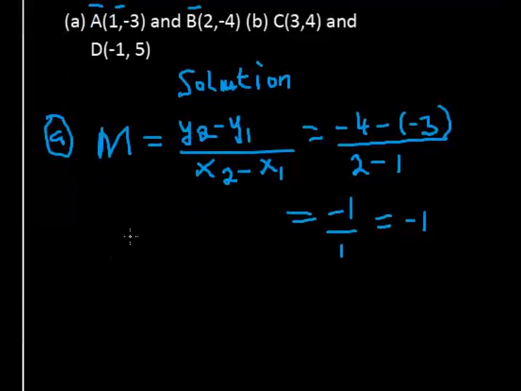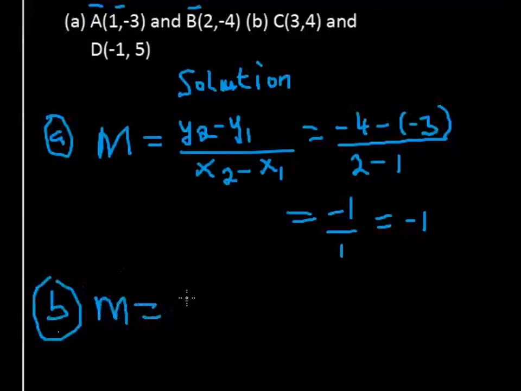B part of the question. Slope is y2 minus y1 all over x2 minus x1.